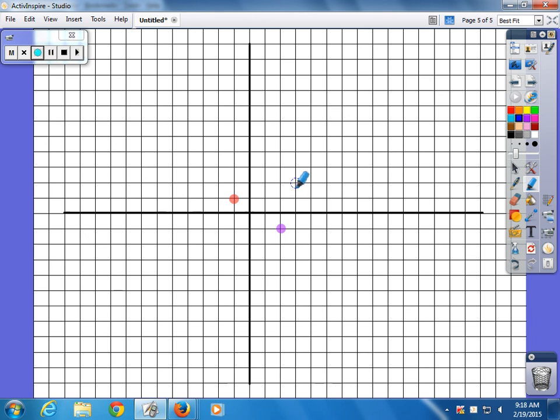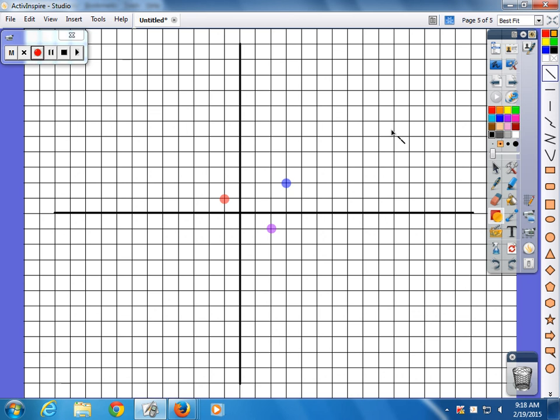All right, let me draw a handy dandy drawing here. Better not use my chicken scratch. All right, so there's our handy dandy points right there. And just think of this as a metal plate.